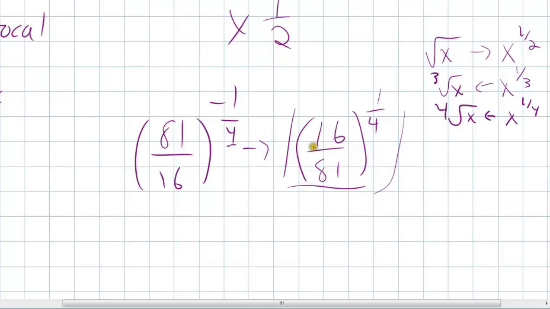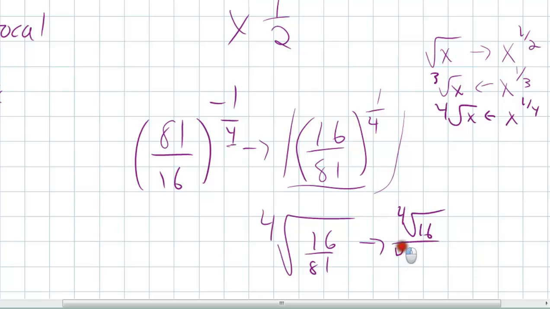Also, don't forget that when you're doing division, you can split it up. So I'll rewrite it: the 4th root of 16 over 81, which is the same thing as the 4th root of 16 over the 4th root of 81, okay? So what's the 4th root of 16?